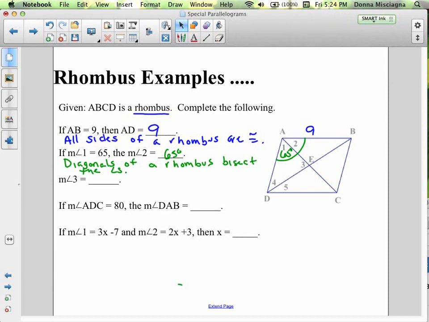Measure of angle 3 is 90 degrees. See how easy these are? You don't even have to do any solving. How do we know that has to be 90 degrees? Diagonals of a rhombus are perpendicular.